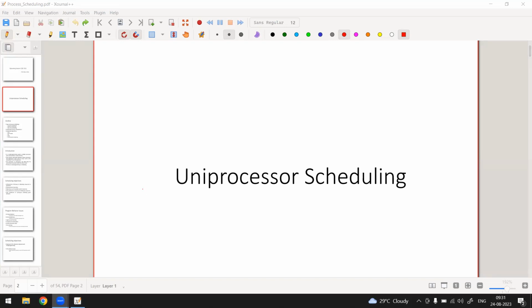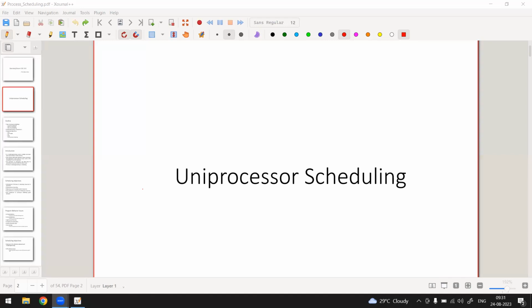So, in today's session, we will continue discussing the process module and one of the important aspects of the process module, that is process scheduling. In the last week, we have seen that a process is nothing but a program which is currently in execution. A process can be described through a data structure called PCB or process control block.